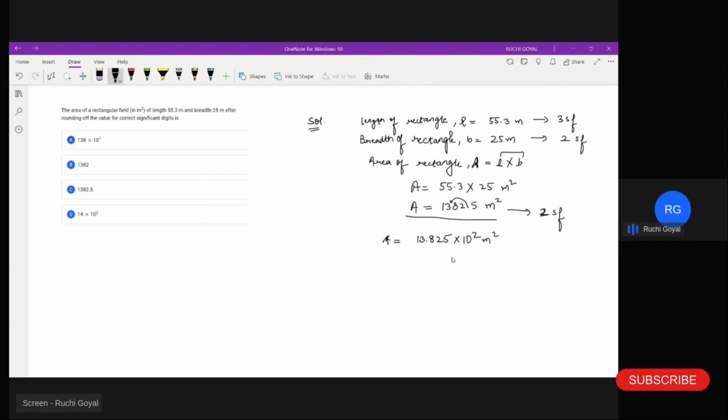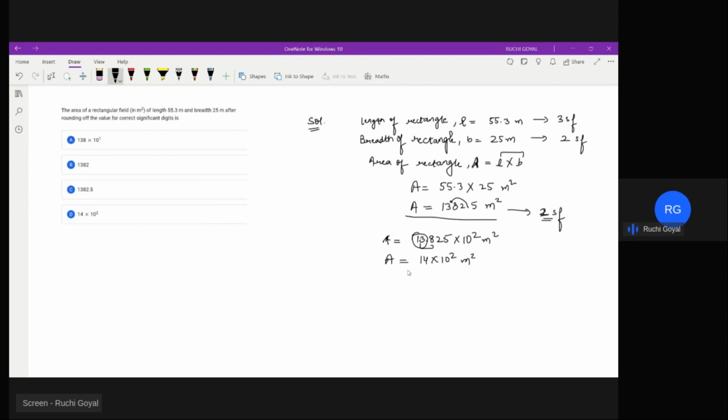Now we have to write it in terms of two significant figures. So 13.8 becomes 14 into 10 raised to power 2 meter square, because 8 is greater than 5, so we add 1 to the previous number.